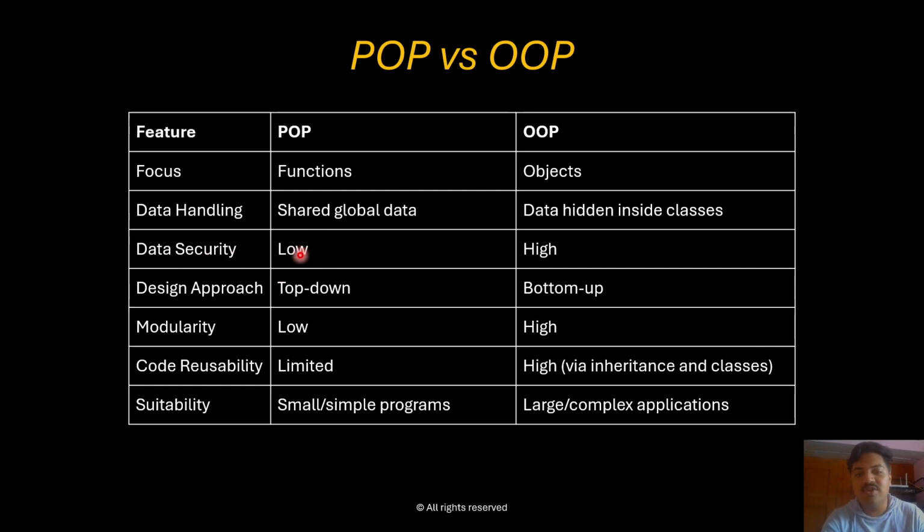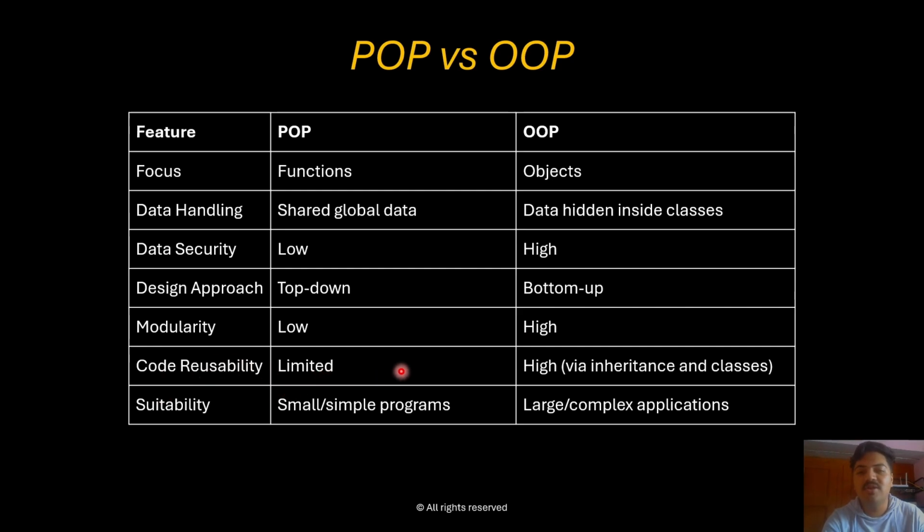In POP, data security is low due to shared global data, but in object-oriented programming, data security is high because data is hidden inside classes. Design approach. POP follows a top-down approach, whereas OOP follows a bottom-up approach. Modularity. POP is low on modularity because it is an older one, whereas OOP follows modularity very much because it's a newer one, so its modularity is high.